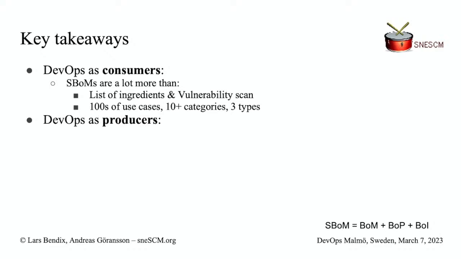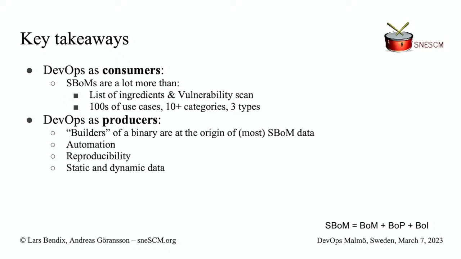So DevOps as producers of these software bills of materials. Well, as some DevOps people say, you build it, you maintain it. So you build it, you create the software bill of material.